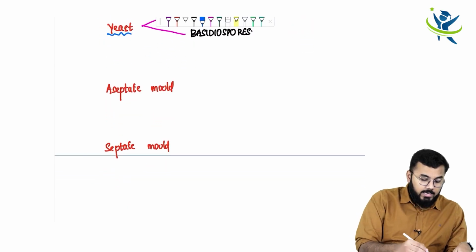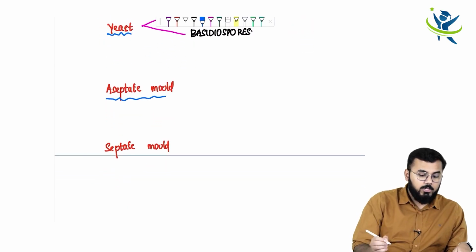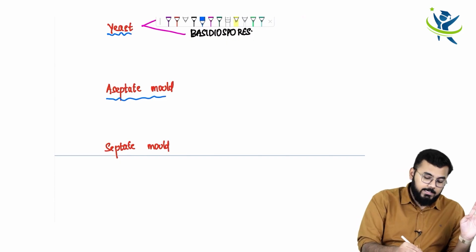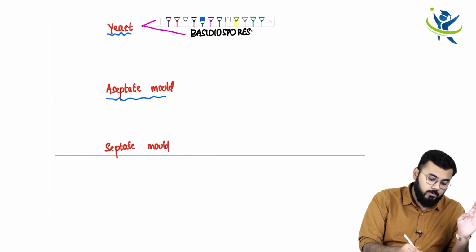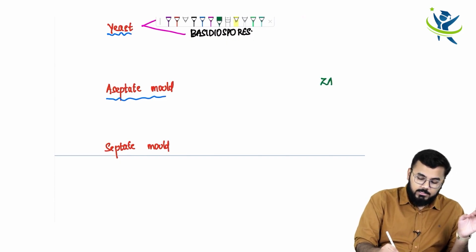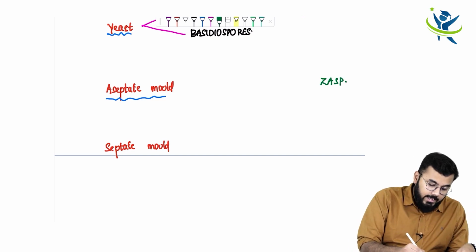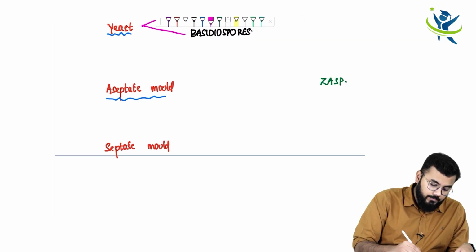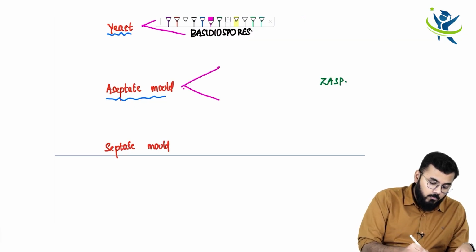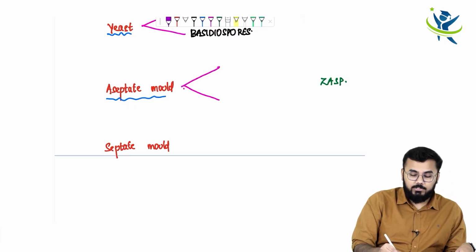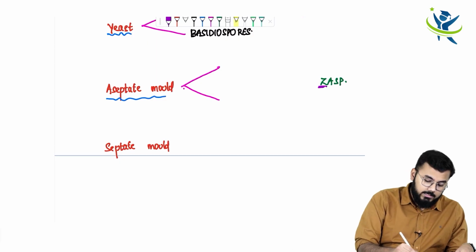Next important thing is regarding the aseptate mold. What are the spores that are released by the aseptate mold? Remember by the mnemonic ZASP. Now what are these ZASP, guys? What does Z stand for? Z stands for zygospore.